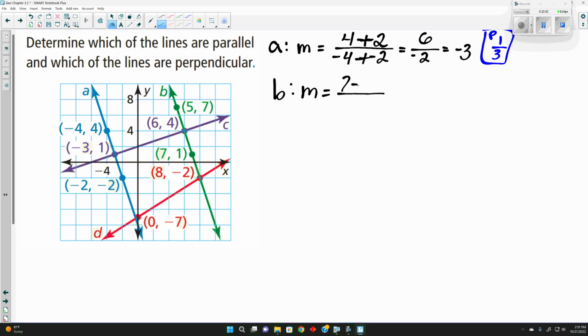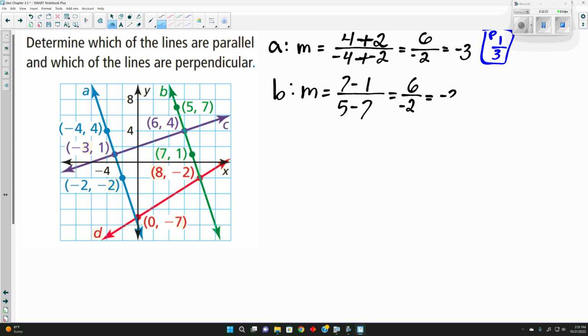So 7, 1, 5, 7. Because 7 minus 1 is 6. 5 minus 7 is -2.